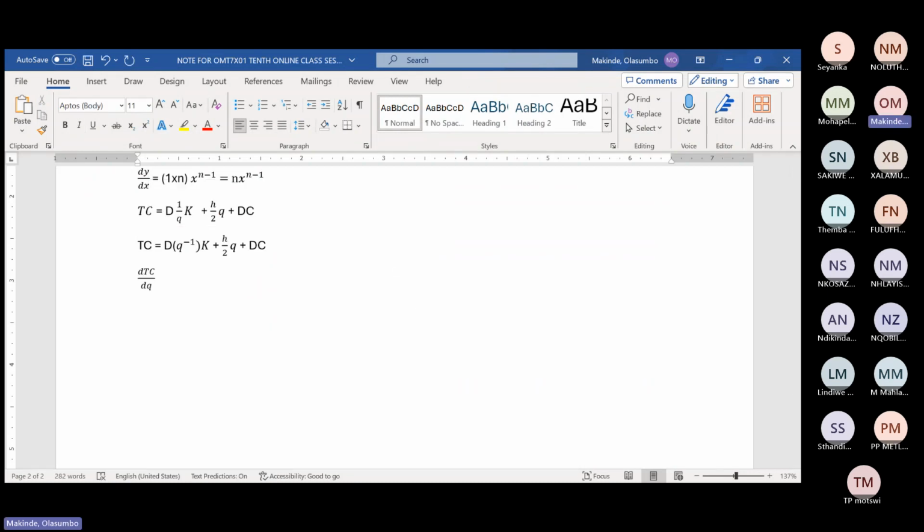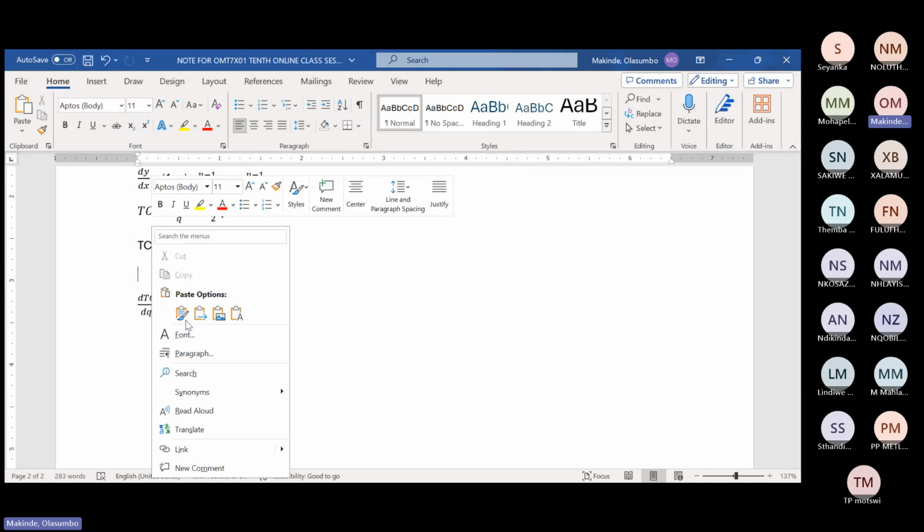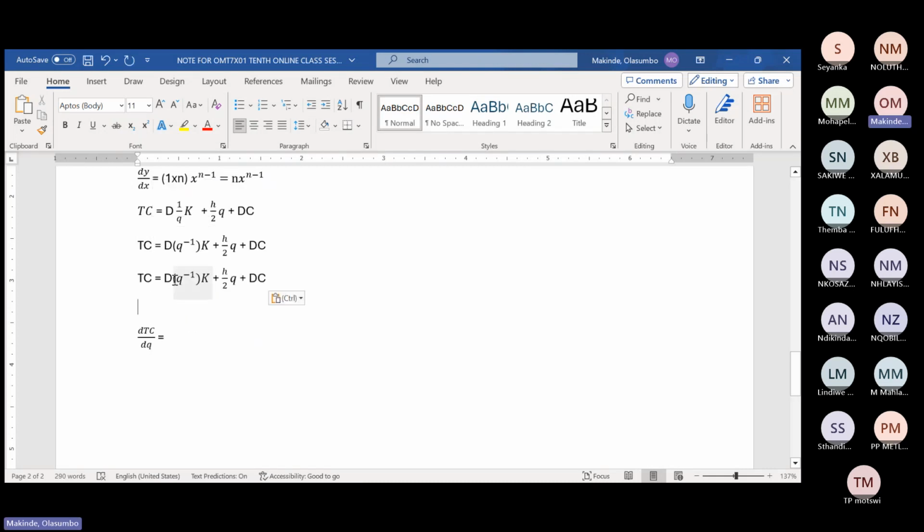If I find this mathematically, maybe I should just rearrange this so that I bring only Q to the last end, because this DK you don't need to worry much about differentiating. They are more like a constant in front of the Q. So I can just say this is DK, so that Q is the one in front. Then it looks like this.